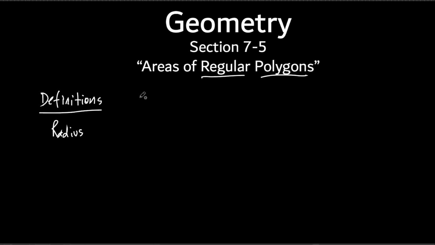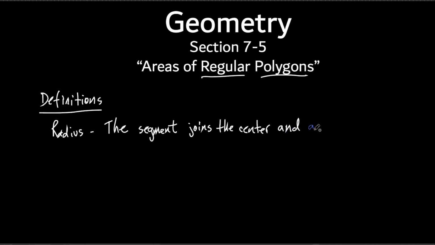So let's talk about the radius. Let's write these down. I wrote them down in my notes, and I think it's important. It's the segment that joins the center and a vertex of the polygon.